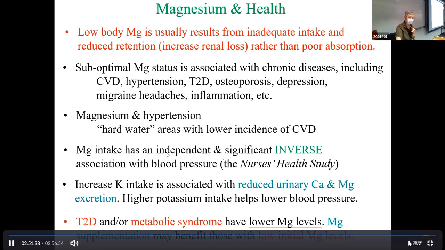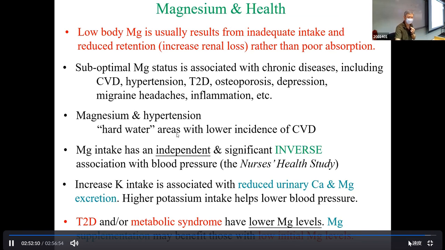Magnesium intake has an independent and significant inverse association with blood pressure. The Nurses' Health Study is a very big epidemiological surveillance type of study done in North America. Many different papers have come out from this study, and one series indicates that there is an inverse relationship between blood pressure and magnesium intake, which of course corresponds to this.